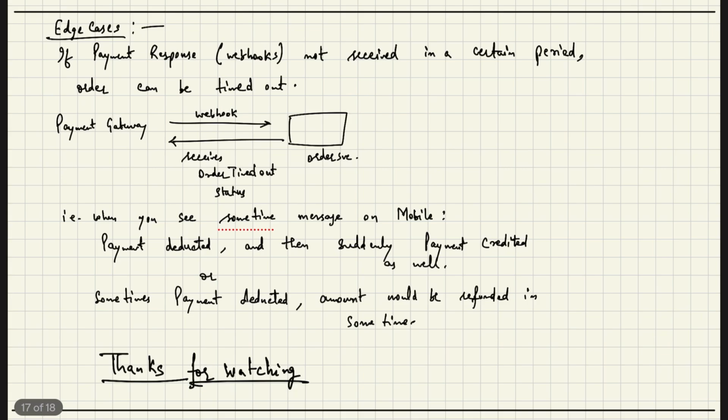But there are still a few edge cases. Let's assume the payment response webhook is not received within a certain period. Let's assume there is latency at the payment application and we did not receive the webhook message. What would happen? Our background workers are still in action.